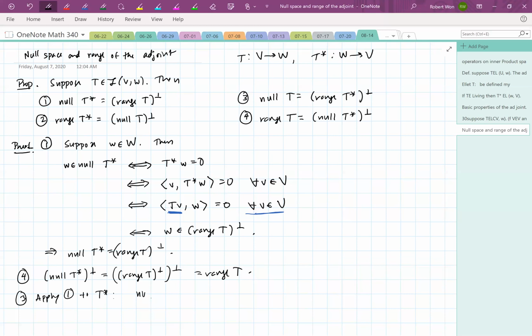It says the null space of T star star equals the range of T star perp. But we proved that T star star is the same thing as T. So the null space of T is equal to perp of the range of T star. And then for 2, you just take orthogonal complements again. You just take the perps of 3.